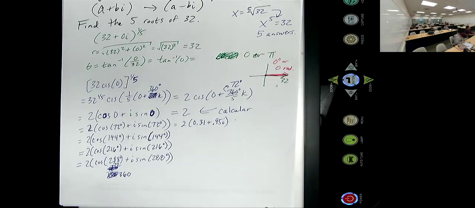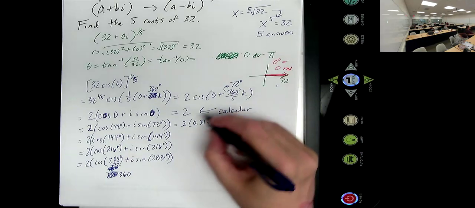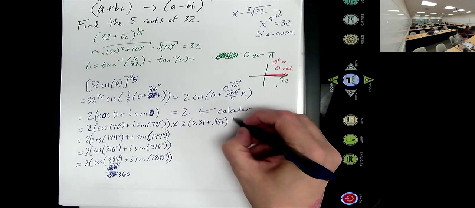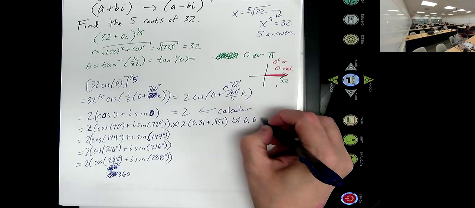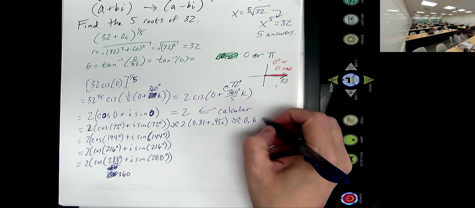I wish I hadn't rounded there, oh well. This is approximately, we're gonna do that, and when I round here, I'm gonna round even one less. 0.6 plus 1.95.